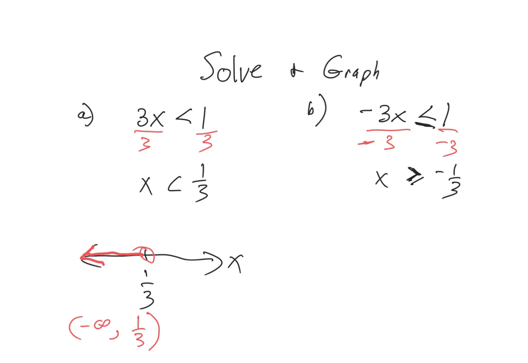I'll have x greater than or equal to 1/3. I have a number line. My boundary point is negative 1/3. I now have an equal sign, so it can be equal to negative 1/3, so it's a shaded-in dot. And then to the right. Set notation would be bracket negative 1/3 as my lower end, comma, upper end is positive infinity.